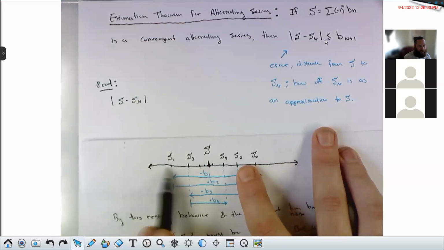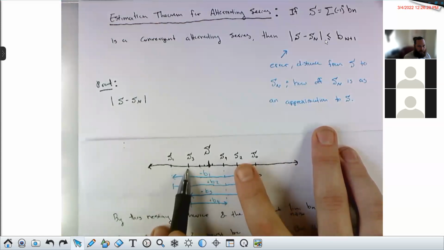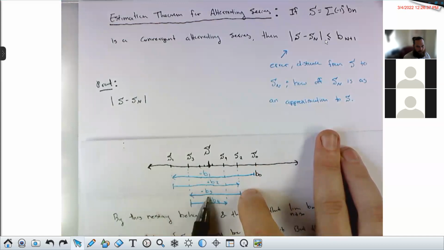Or looking from S2 to S, the distance from here to here is less than the distance from here to here. And that is a known distance. The distance from S2 to S3 is B3. We're going to the left, so there's a minus here, but if you're just asking how far it is, the distance is B3.